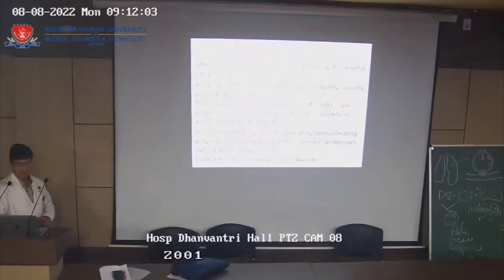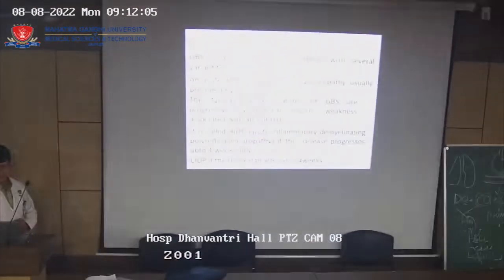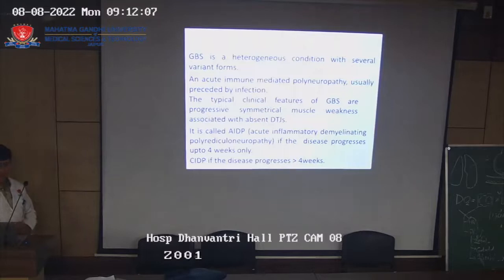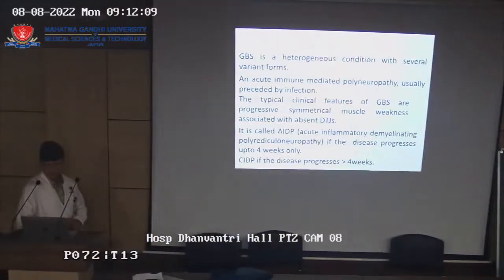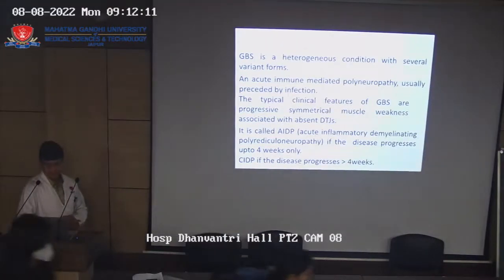GBS is an acute immune-mediated polyneuropathy, and the typical clinical features of GBS are progressive symmetrical muscle weakness, which is associated with absent deep tendon reflexes. So if a patient of GBS presents to you with progressive symmetrical muscle weakness associated with absent deep tendon reflexes, this is the classical GBS.